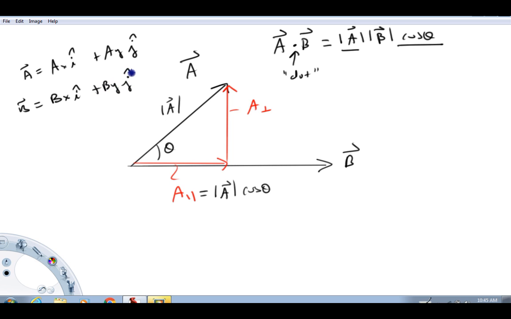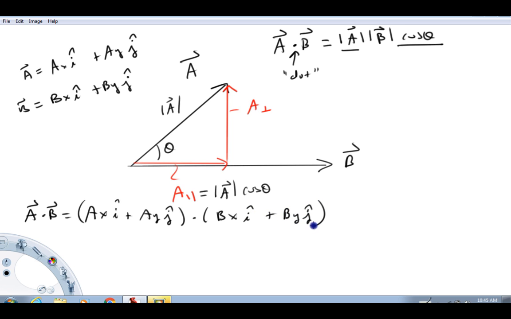If we write the dot product out in component form, A dot B is AX i plus AY j dotted with BX i plus BY j. When we do this, you can just do it basically like foiling it.